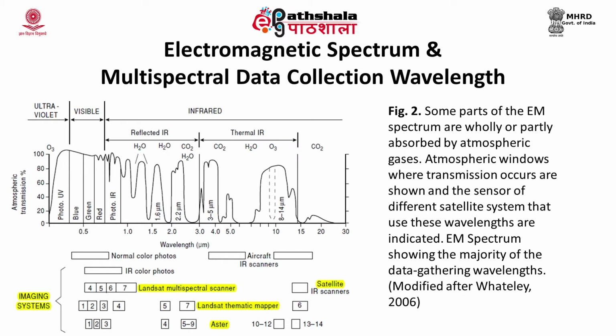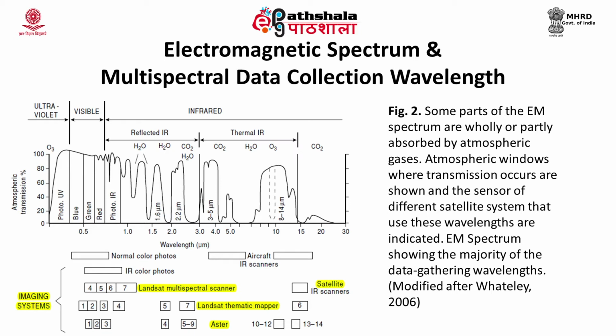You can see 3 H2O bands where it will absorb those infrared wavelengths, and CO2 and H2O also absorb, close to 3 micron. Then in the thermal infrared region, you can see many bands get absorbed due to the presence of CO2, H2O or O3 in the atmosphere.